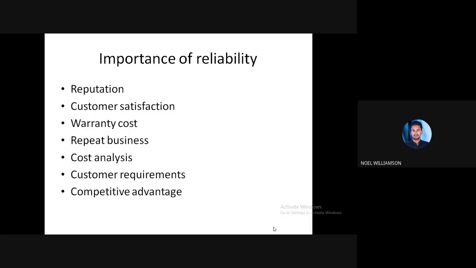So in order to have a good reputation, we should maintain good reliability. The reputation of any firm increases in proportion to the reliability.